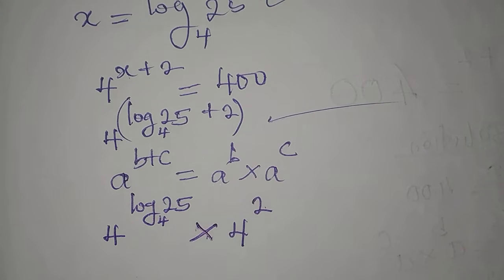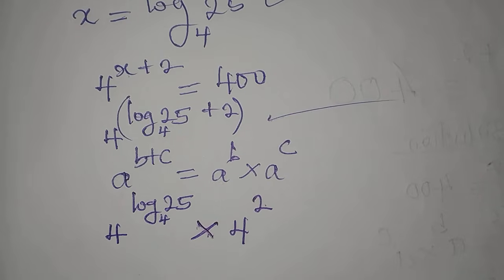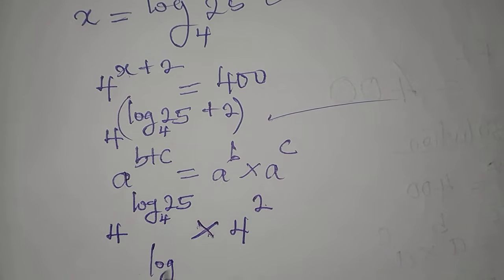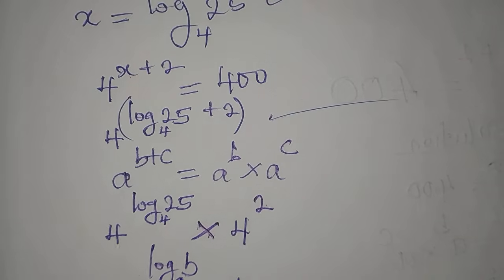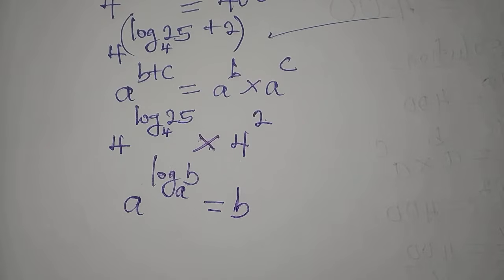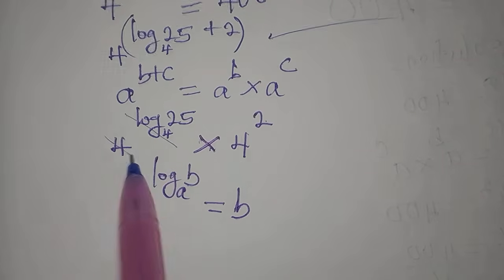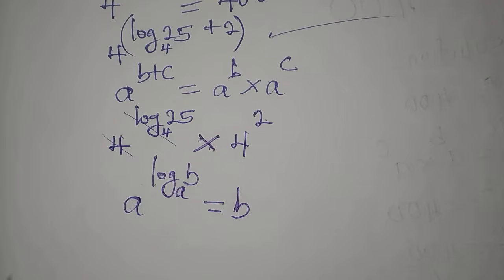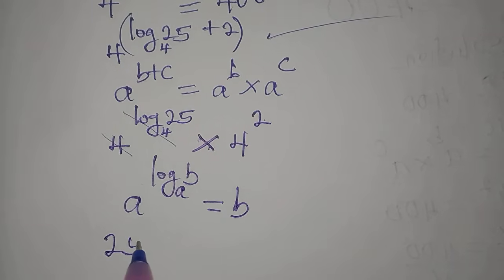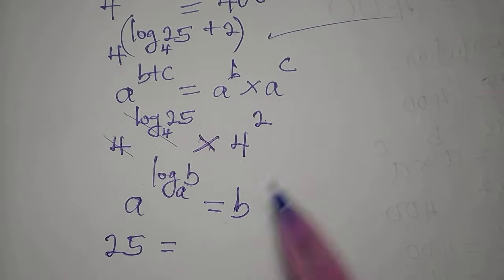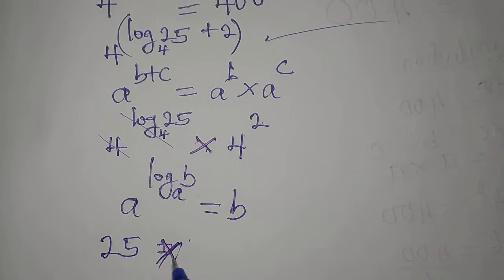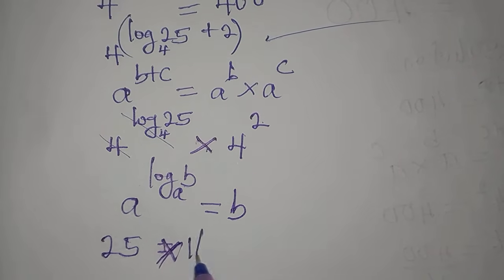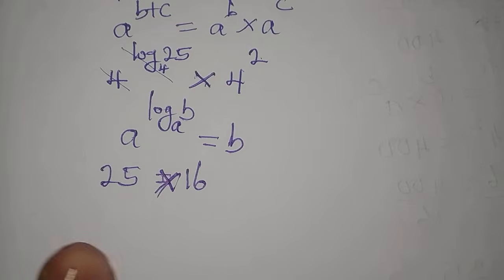Now, there's another law again, and the law says a to the power of log b to the same base of a is equal to b. So in that case, the whole of this will now go, and we have 25 over there. And then here we have 4 squared, which is 16. Sorry, this is multiplication. So 25 times 16.